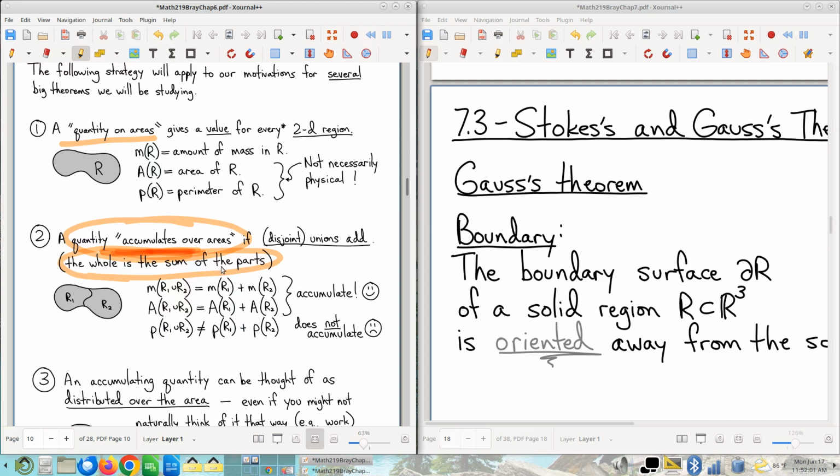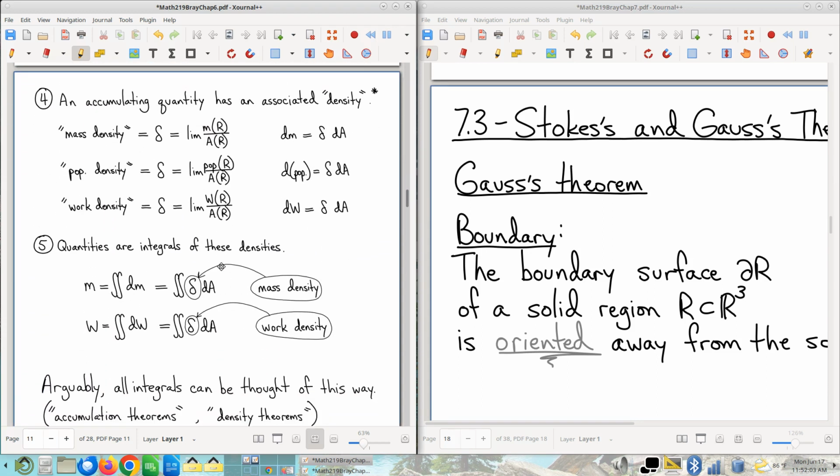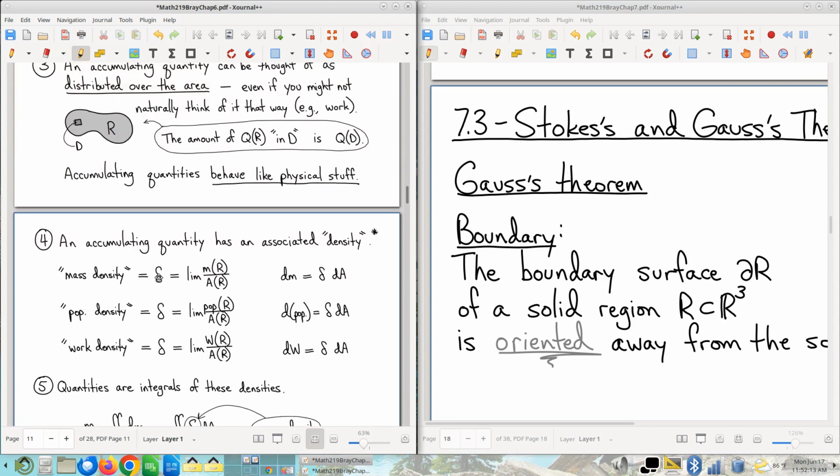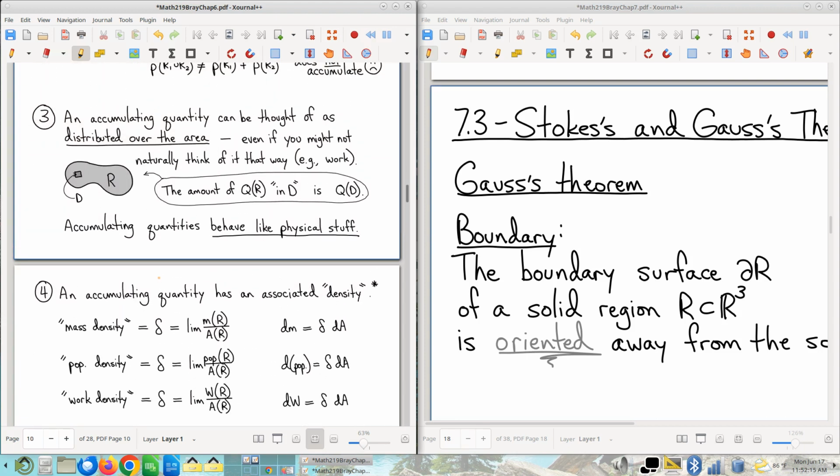And now, again, I made this argument in the two-dimensional context, and then subsequently I just kind of claimed that there is a sort of a three-dimensional volume version of this, and that's what we're about to see here. So please interpret these results on the left in the three-dimensional volume sense. But if you have an accumulating quantity, then you can think of that as a kind of physical stuff.